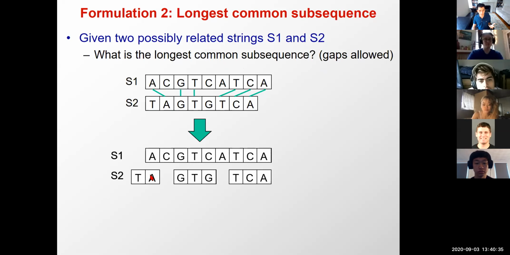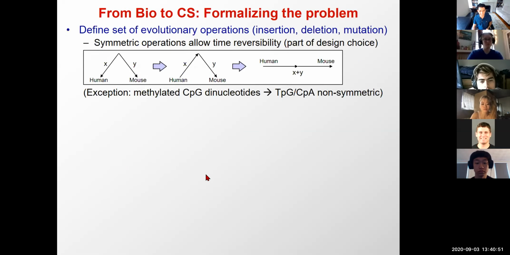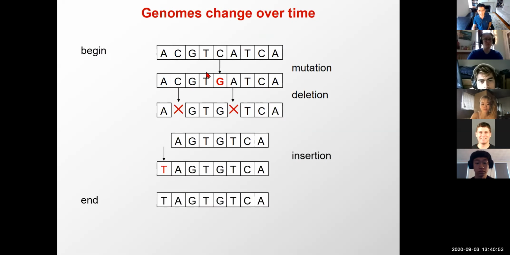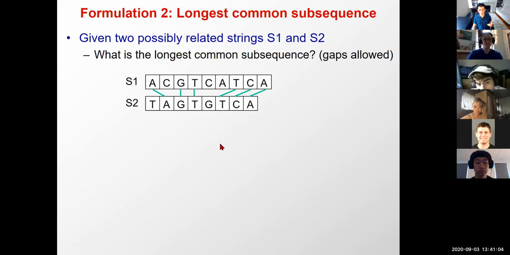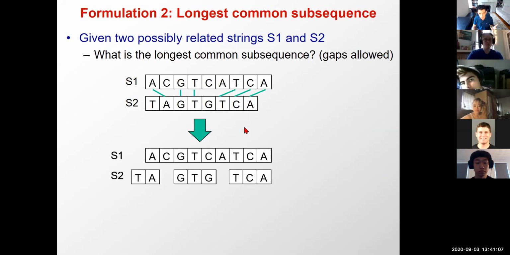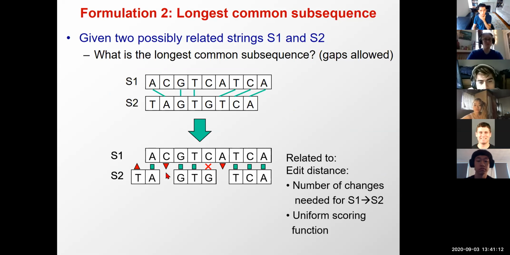And this is inferring a gap in one sequence, an insertion of a T in sequence 2, deletion of C and deletion of A in sequence 1, and then mutation of C to G. And if you notice, this is exactly the example that we had earlier. So we basically created the longest common subsequence between this and that, and found an insertion, 2 deletions, and then a mutation, okay? So that's what we would like to do. We would like to solve that original problem that we posed by a cool algorithm that can do that, okay?